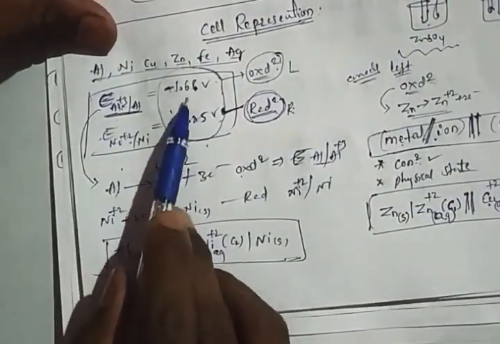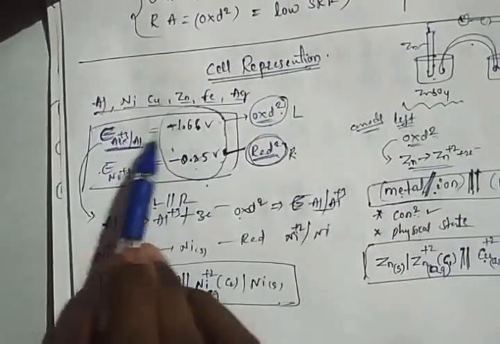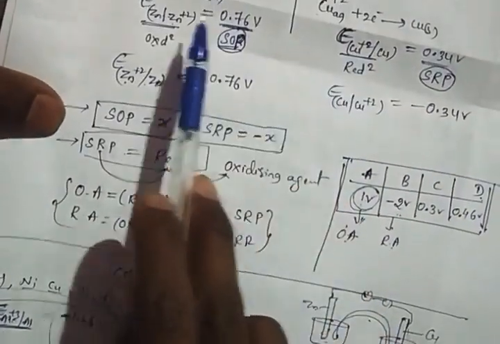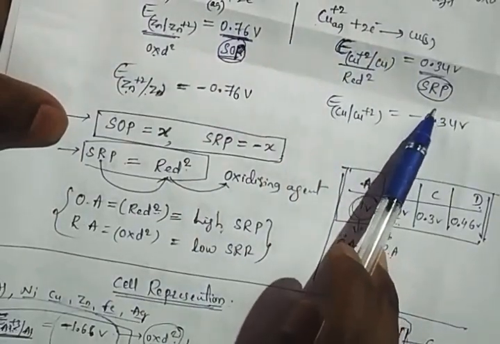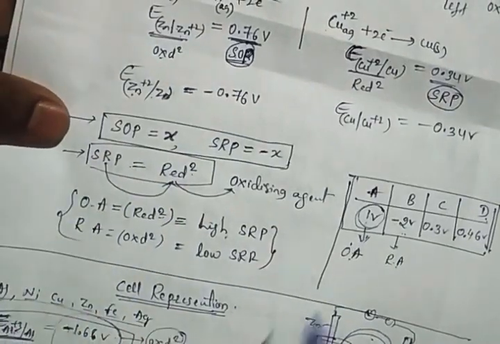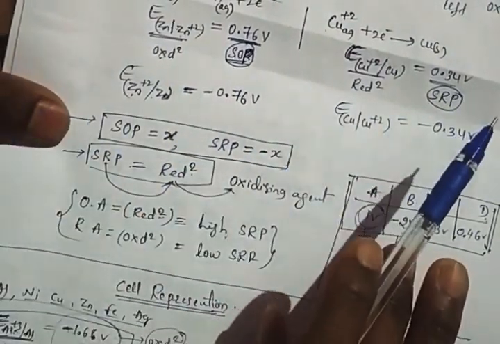So this is the cell representation of a cell made by two electrodes, aluminium and nickel. Look at these values: electrode potential of aluminium, nickel, copper, zinc. The values of these electrodes of various elements used in the literature are not absolute values.